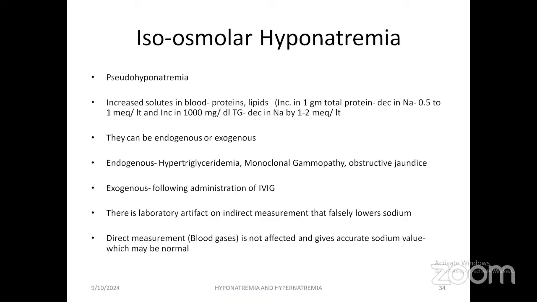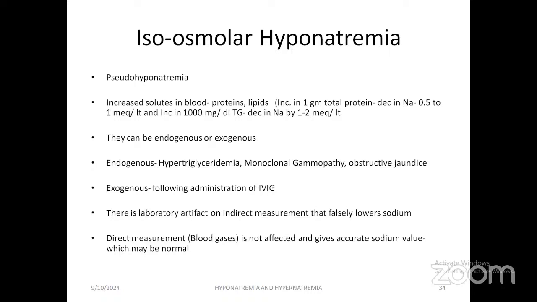Coming to isoosmolar hyponatremia, this is also called pseudohyponatremia. This is because of increased solutes in blood like proteins and lipids. For every increase in 1 gram of total protein, there is a decrease in sodium by 0.5 to 1 milliequivalent per liter. And for every increase in 1000 milligram per deciliter of triglycerides, there is a decrease in sodium by 1 to 2 milliequivalents per liter.